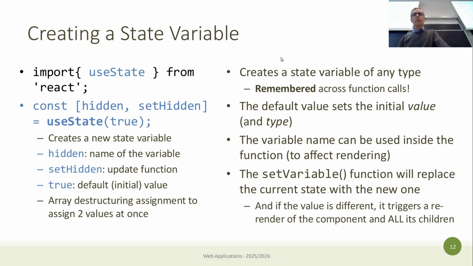So it creates a state variable of any type, as I said. It can be Boolean, number, string, array, object. And this value is remembered across function calls. Function calls means the calls to the function that defines the component. And how does this work?